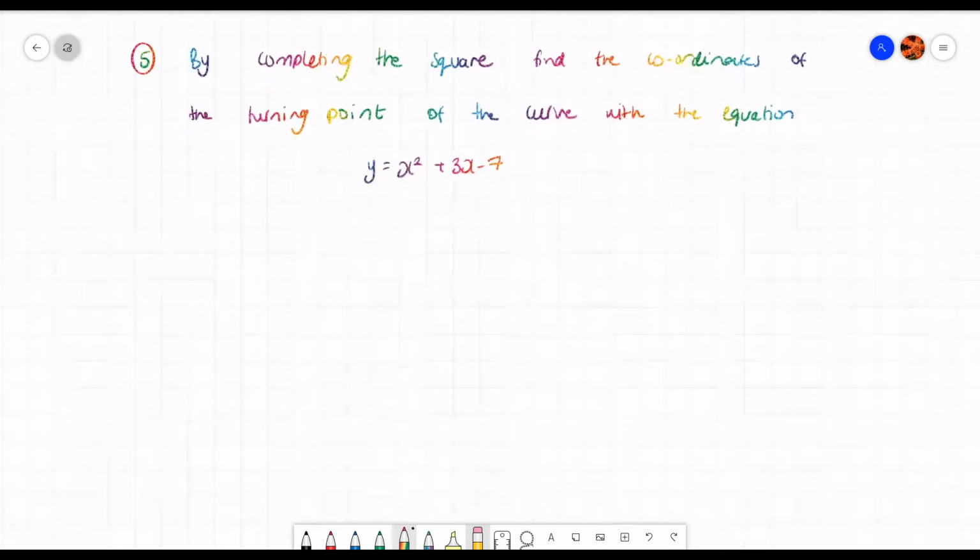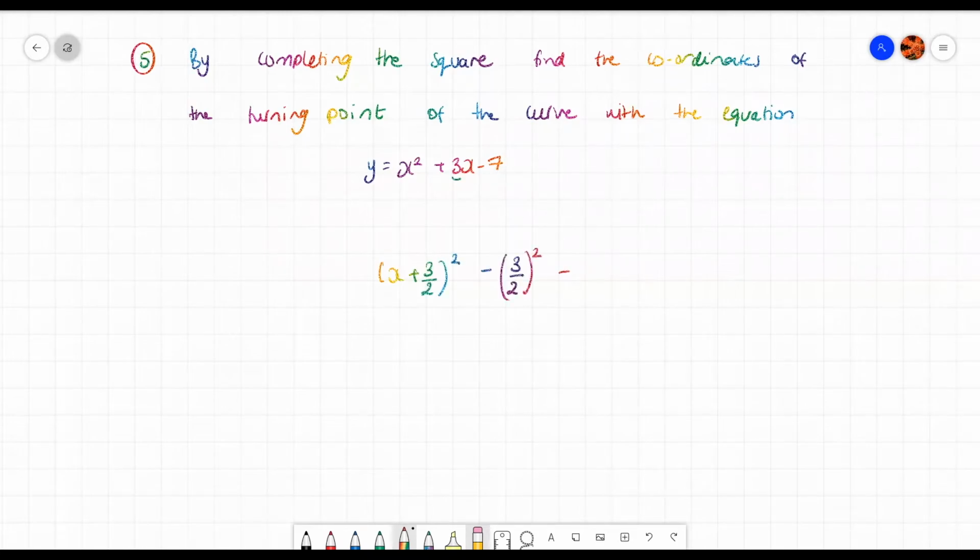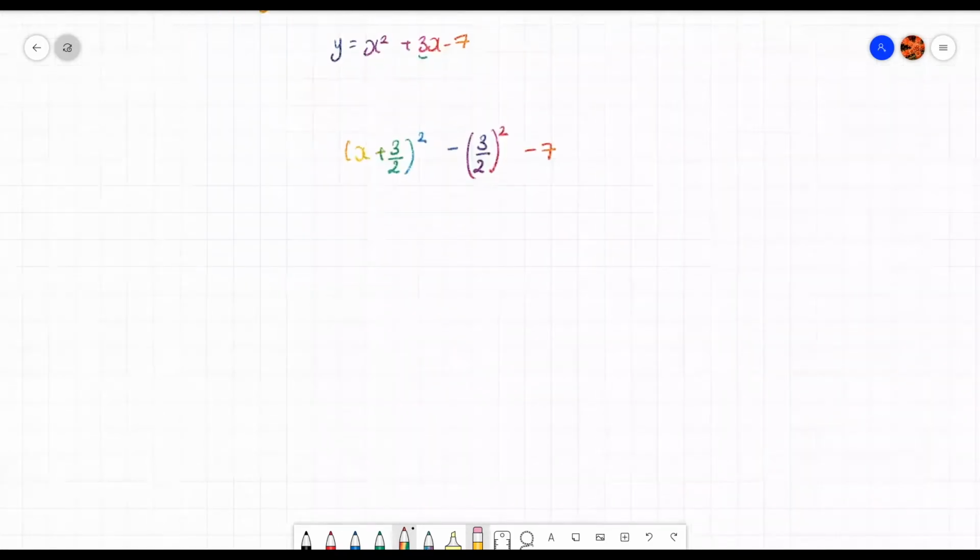Okay, so this is worth 3 marks in the exam from the paper that I've taken this question from. So x plus, well, I've got to half the 3. I'm going to leave it as a fraction, 3 over 2, squared. Subtract 3 over 2 squared, minus 7. So again, that stays x plus 3 over 2 squared minus, well, if I'm squaring 3 over 2, I just square top and bottom, which is 9 over 4, minus 7.